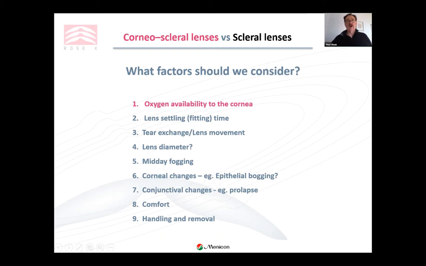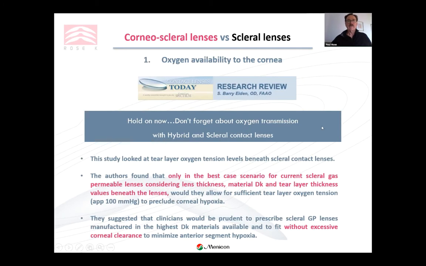So let's start with oxygen availability to the cornea. This is a paper that was put out several years ago when the scleral lenses started to become quite fashionable and used quite a lot. The researchers found that only in the best case scenario for current scleral gas permeable lenses, considering lens thickness, material Dk, and tear layer thickness values beneath the lenses, would they allow for sufficient tear layer oxygen tension to preclude corneal hypoxia.